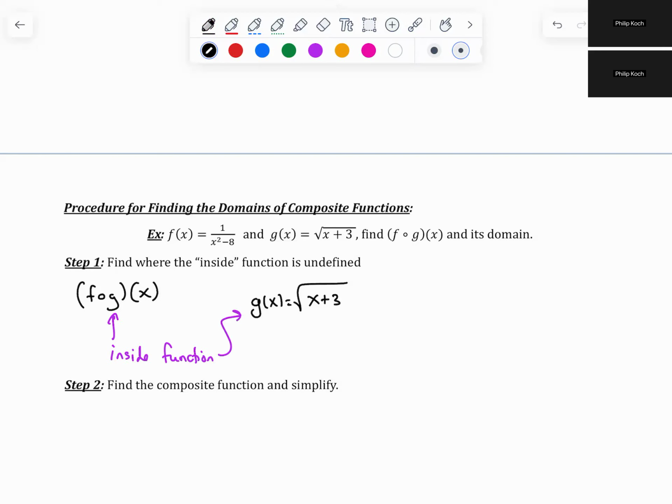And so we're trying to find its domain, essentially, where it's undefined. And in order for this thing to be well defined, we need the inside to be greater than or equal to 0. So we need x plus 3 to be greater than or equal to 0, which means that x needs to be greater than or equal to -3.